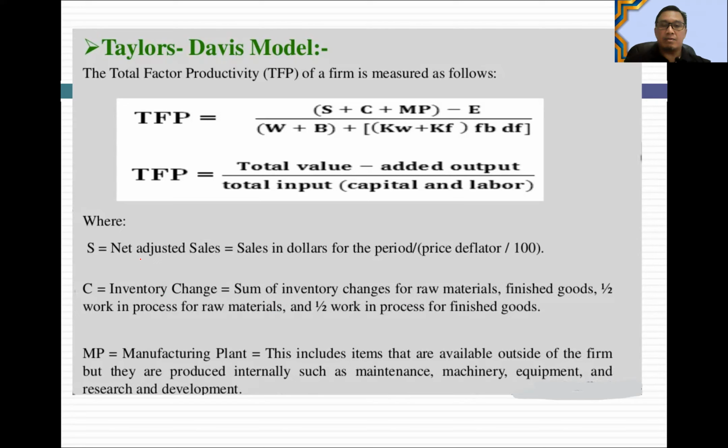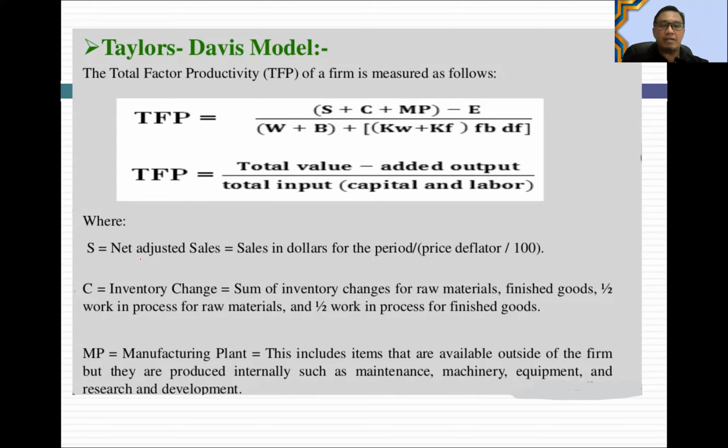So the amount of sales in dollars divided by price deflator. The price deflator could be influenced by some factors, for example, the change of price, could be inflation, something like that. So that's the price deflator.